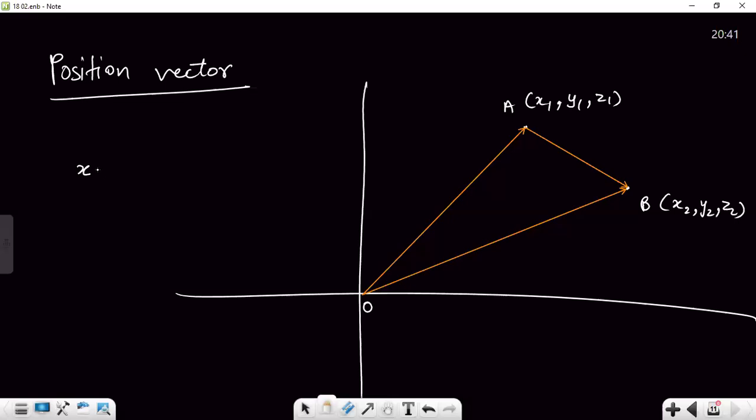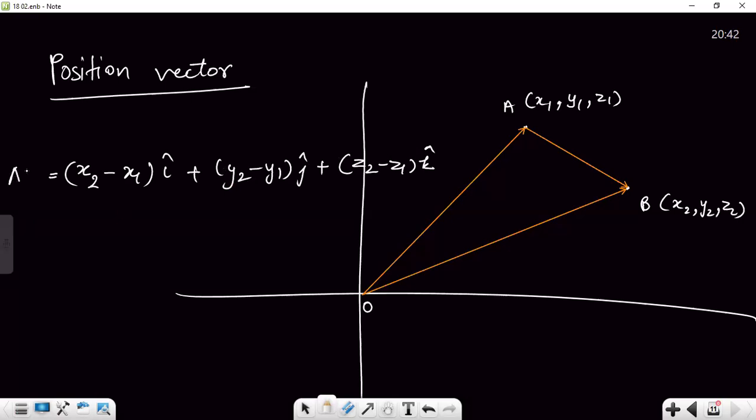So if we are going from A to B, then we'll write the B vector first. x2 minus x1 I cap plus y2 minus y1 j cap. For the k cap, z2 minus z1 k cap. That is AB vector.